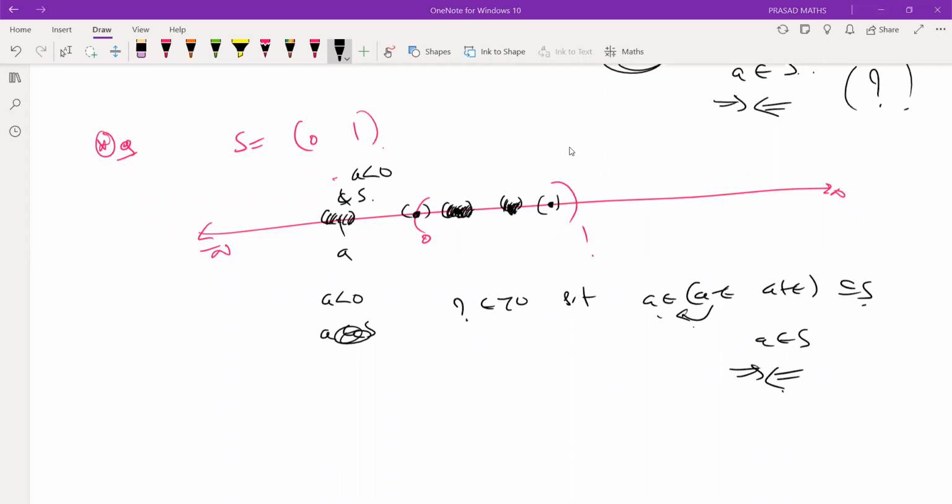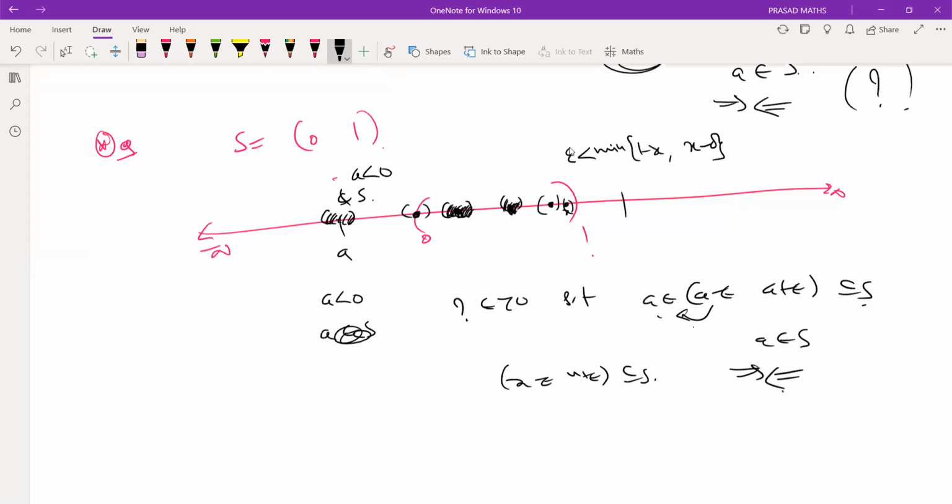Yes, we find some very small neighborhood. You can take any neighborhood. Suppose my point is X. My epsilon is this, so this is inside the set. For this epsilon, this neighborhood is inside the set. So S is a neighborhood of all its points.